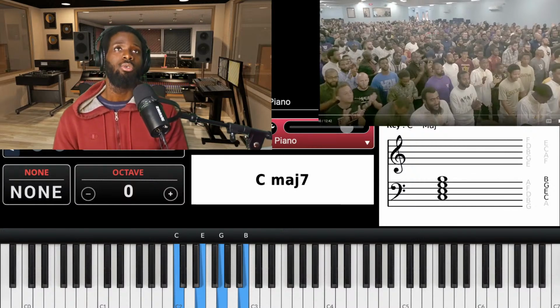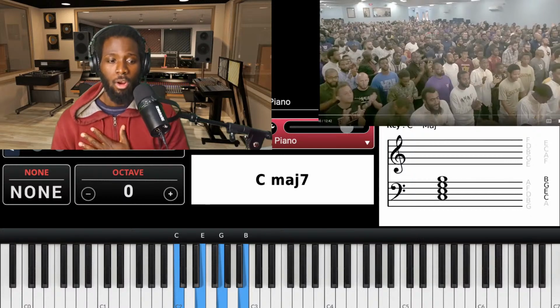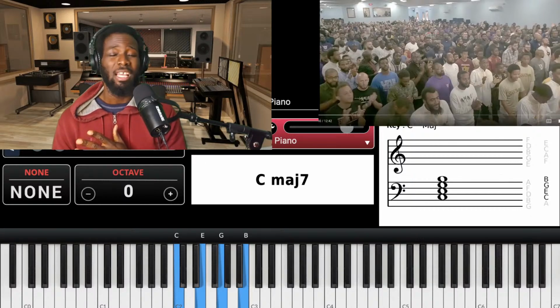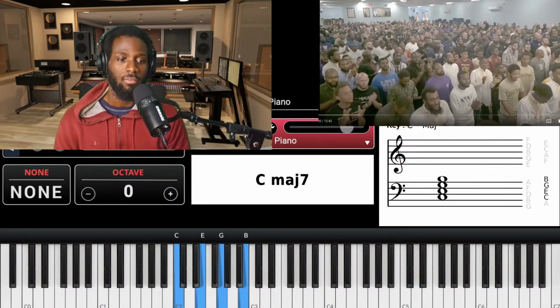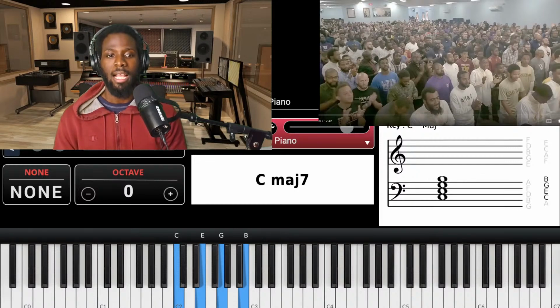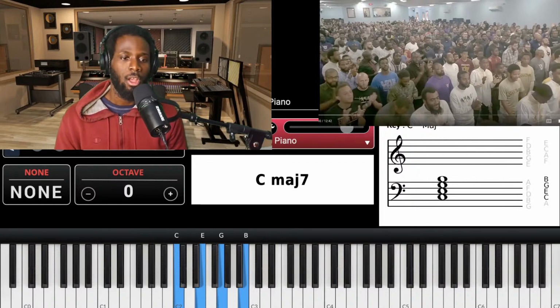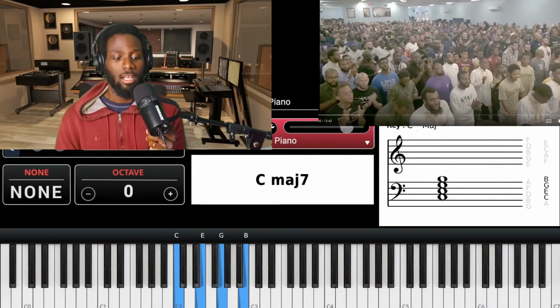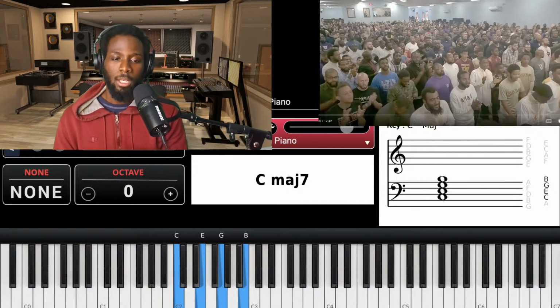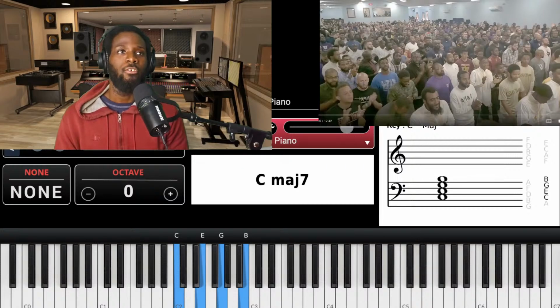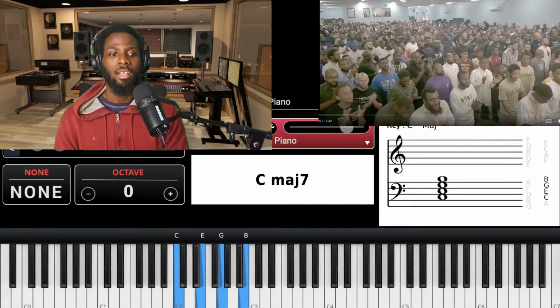Now, I'm going to show you a couple of jazz chords that I personally like to do, but it is so vast, you guys. It is so vast. And again, remember what I've always taught you even from the beginning, that my goal is to give you the tools necessary for you to learn music. The key is not to regurgitate what I'm telling you or what anybody else has told you, but to actually understand the musical language, then you can take this knowledge and apply it on your own.